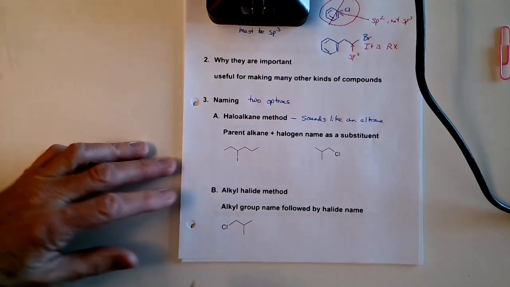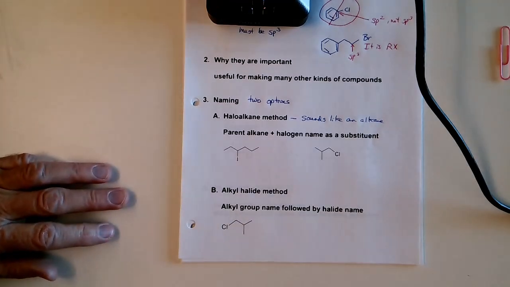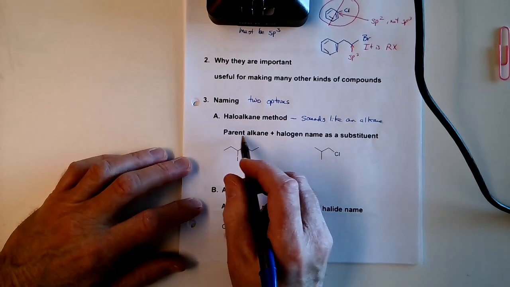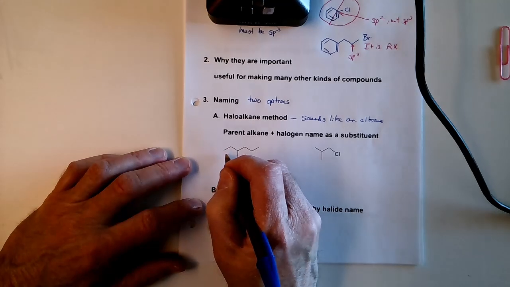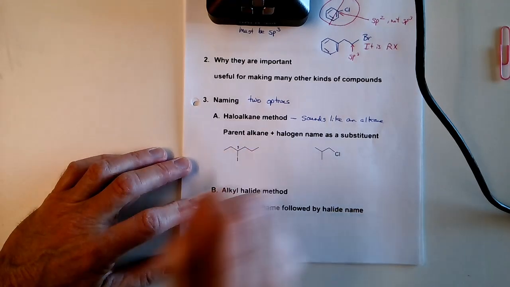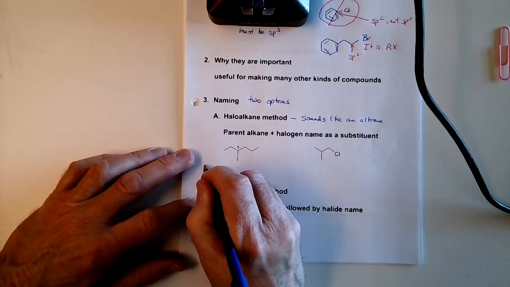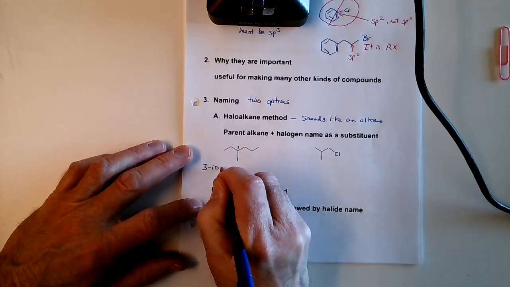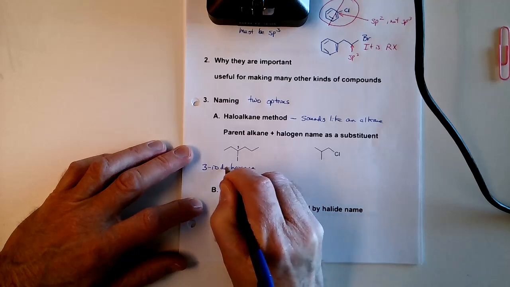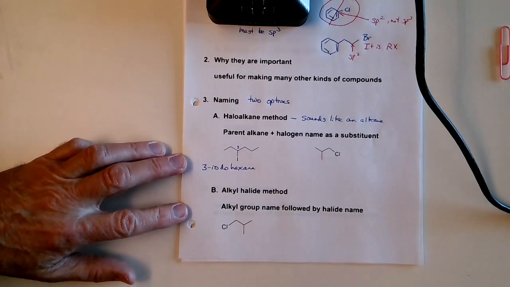And you just do this the way we would have done it in the chapter where we talked about how to name alkanes that have a little substituent or a little partner. You're going to name it for the parent alkane. And so this one's what? 2, 4, 6. Looks like this one would be number 3. So this one would be 3-iodohexane. You've done that before, and there's no stereochemistry listed there, so you skip it.